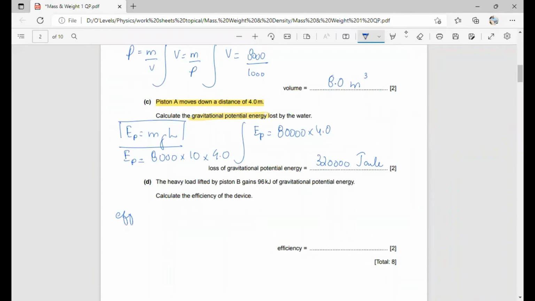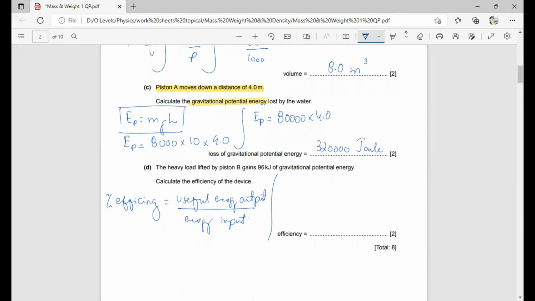Efficiency is actually a percentage, that is useful power output, or you can say energy output, over energy input. So this is our output value, right?